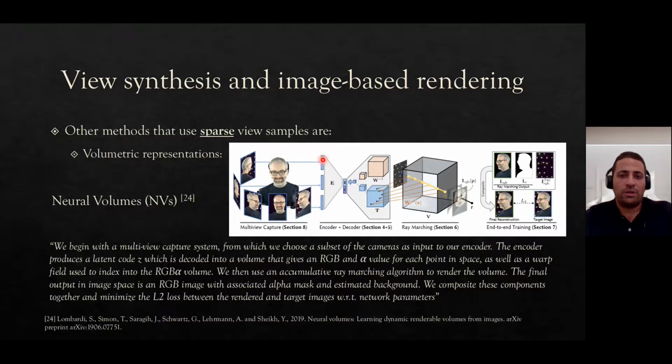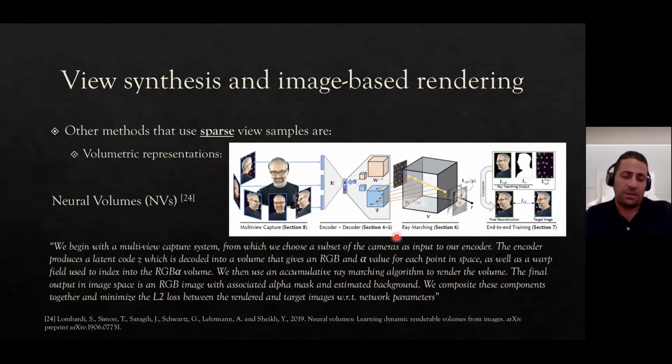Now they use an encoder network, similar to transformers in neural networks. You feed the images to the encoder, and it gives you a Z representation, which is an encoded representation of the scene. After that, you use a decoder in order to map this scene into a 3D space.